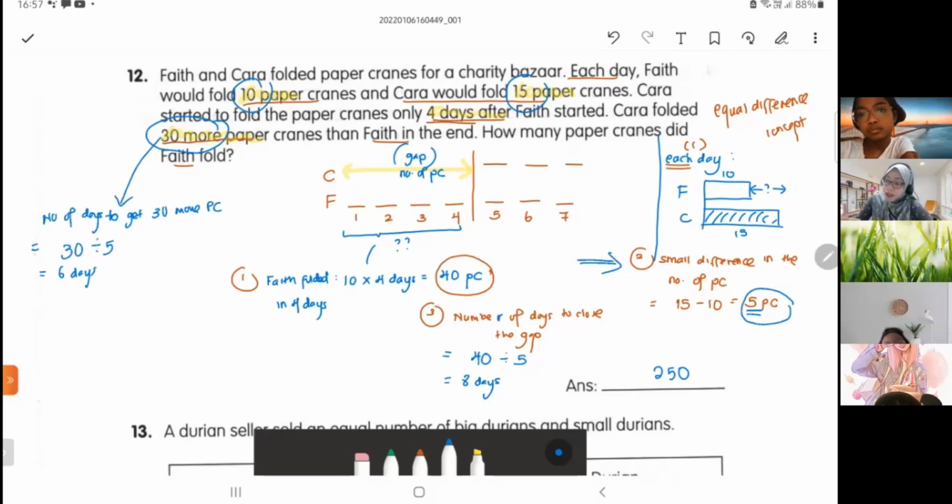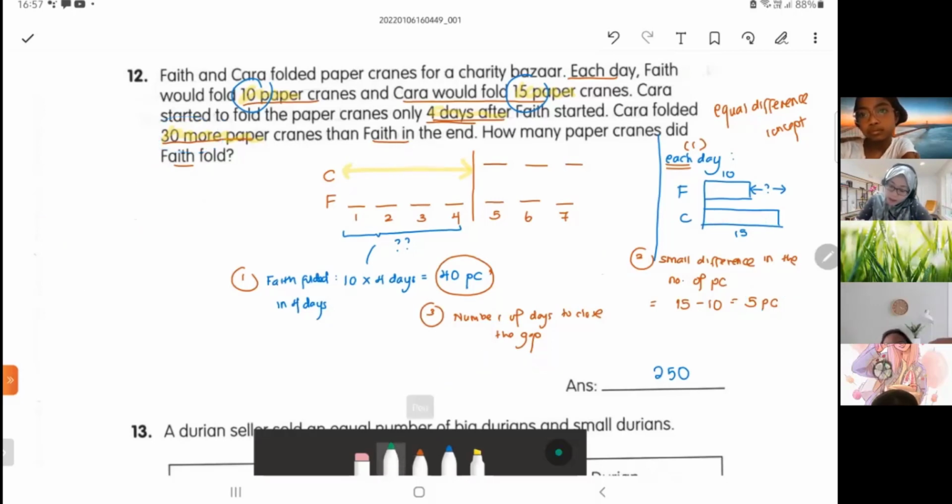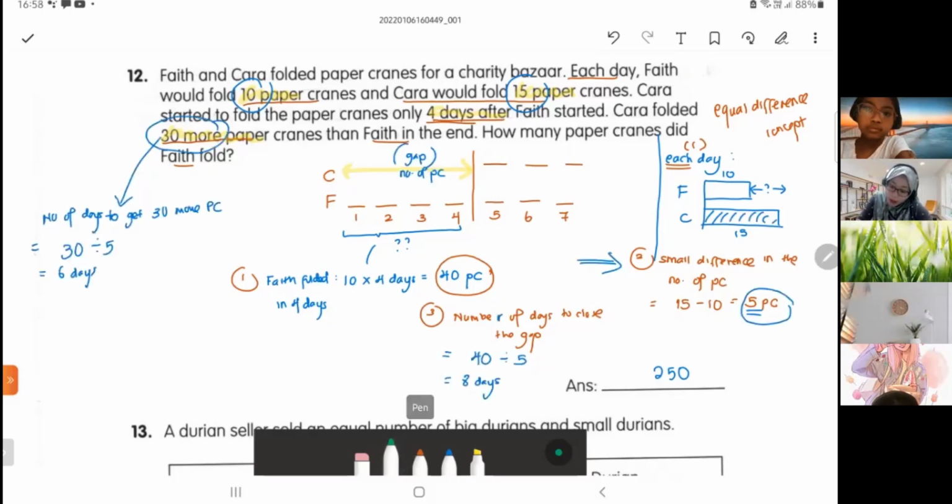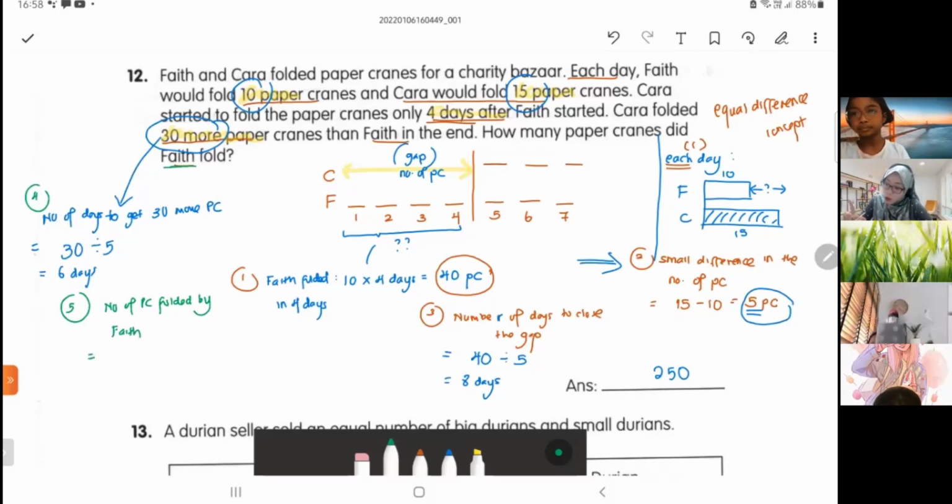Okay. So now I want to know Faith's number of paper cranes, right? I want to know for Faith only. So this is my step number 4. Lastly, this is how I get my answer. Number of paper cranes folded by Faith equals, so Faith has 4 days plus 8 days, plus 6 days.